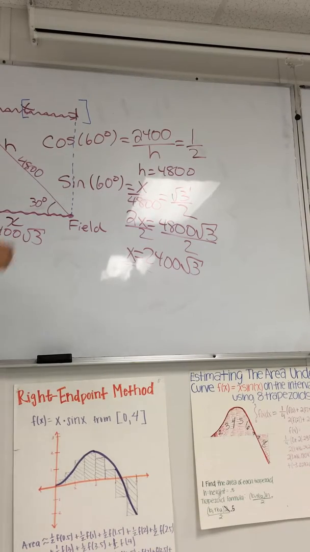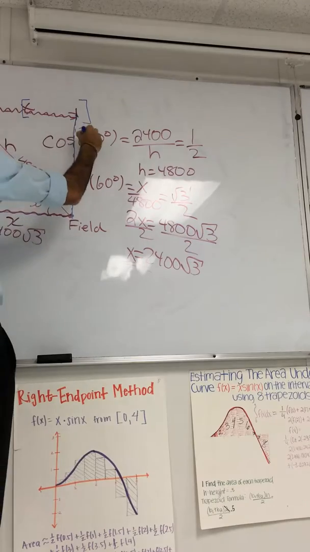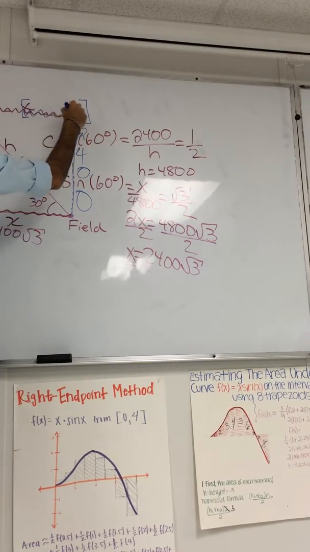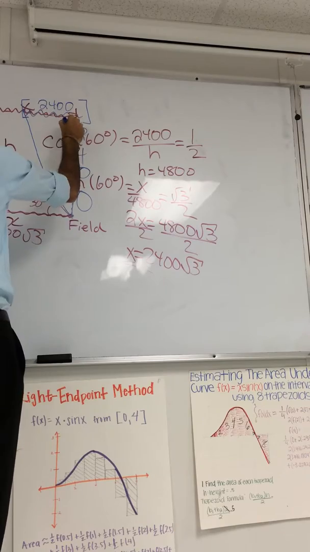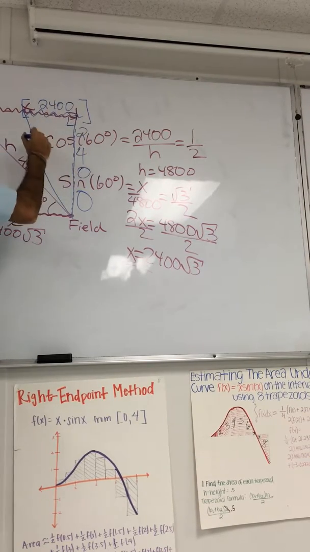Well, this distance is how much? 2400. So I keep flying until this distance is 2,400, and then it says how far are we from the field? The total distance. Well, this is a right angle. If these sides are equal, I want to find this. I'll call it D for distance. I want to find D.